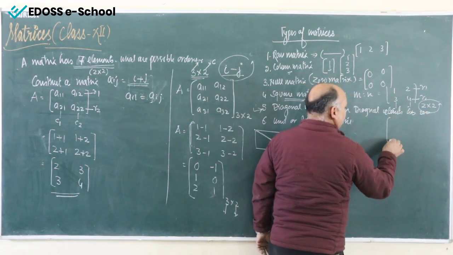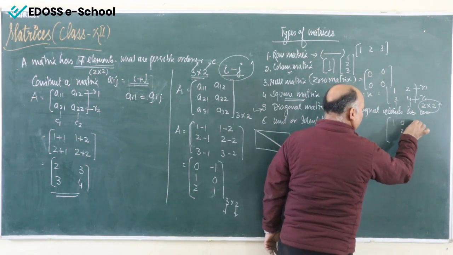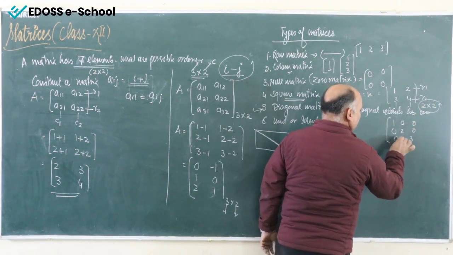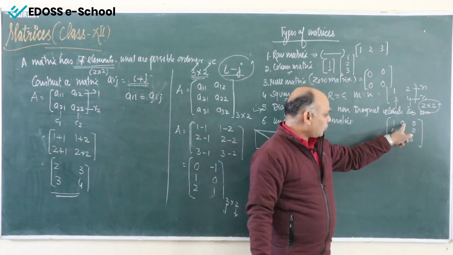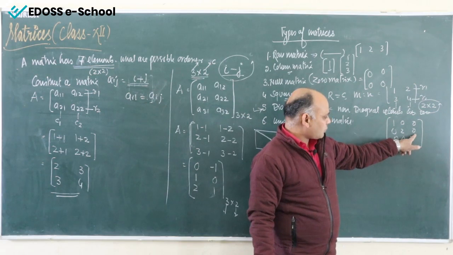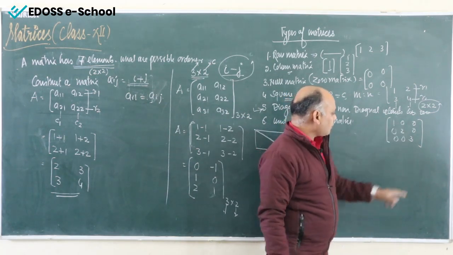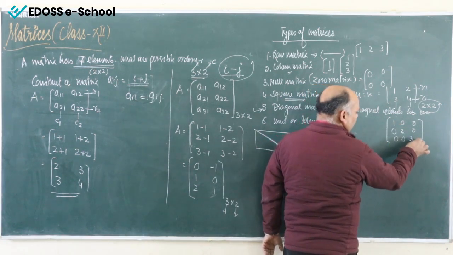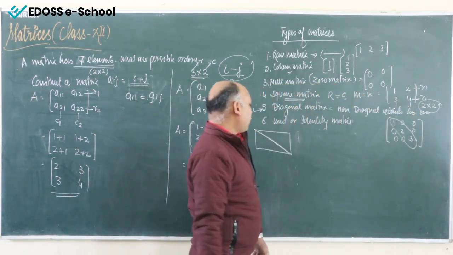Means if I am saying here 1, 2, 3 and the rest are 0, like this, then this is a diagonal matrix. This is not a diagonal, this is not a diagonal, this is not a diagonal. Similarly here, these are not diagonals. Only the diagonal represents here 1, 2, 3. Then this is called a diagonal matrix.